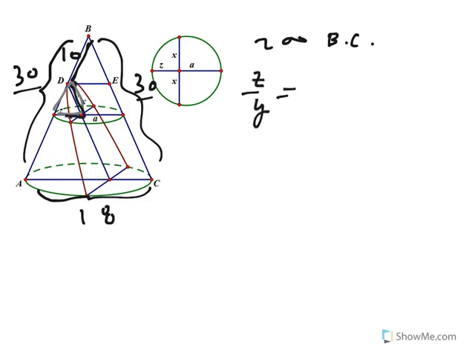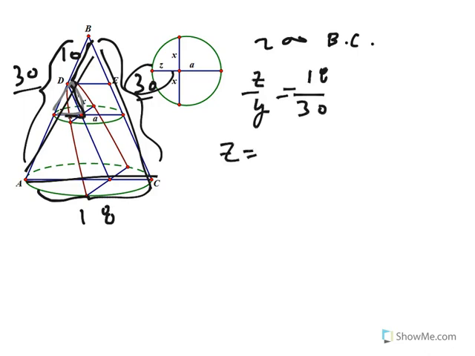This triangle is actually similar to the giant triangle that makes the cone. So z corresponds with the 18, and the y corresponds with the side on the right, which is this 30. And if I multiply both sides by y, I get z equals 18 over 30 y. I can reduce it to 3/5 y. So now I have an expression for z.